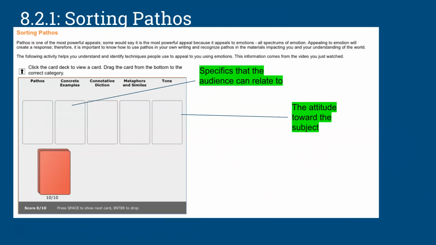So the next one is your tone. The tone in writing is your attitude towards the subject. Are you a parent yourself? No, ma'am, no kids.